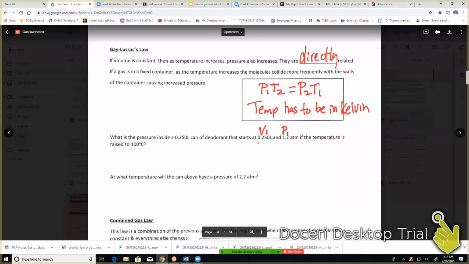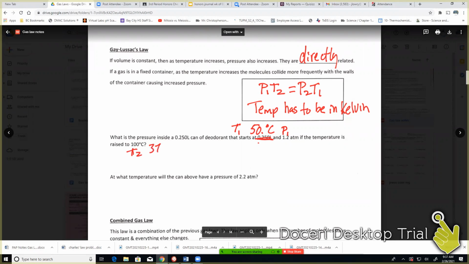Oh, wait, I think this one left. This is where there's a typo on this one. Hold on. We need a temperature. This needs to be 50 degrees Celsius. Now that makes more sense. So that's my T1, and then this would be my T2.